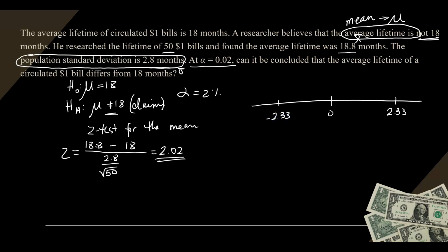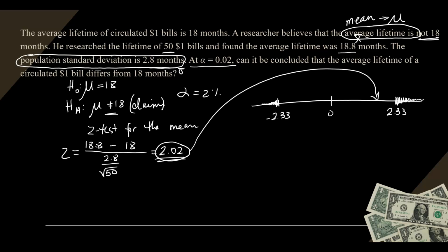Then I look at where my value falls. It falls somewhere over here, but it doesn't break through into the critical region. Anything far away from the 0, to this side or that side, is the rejection region, but we didn't make it into the rejection region. So I can't reject the null.